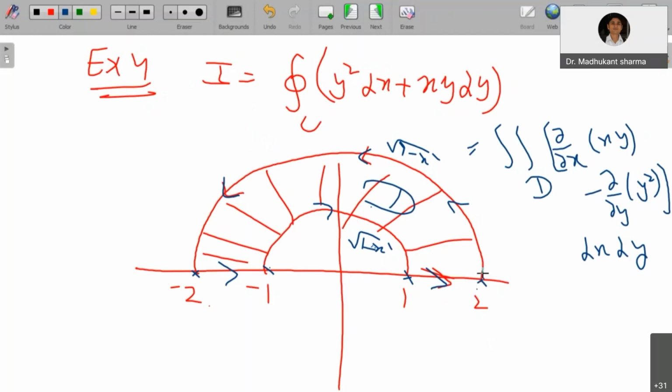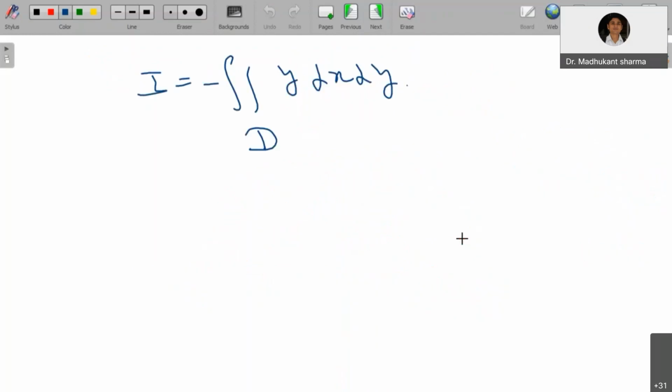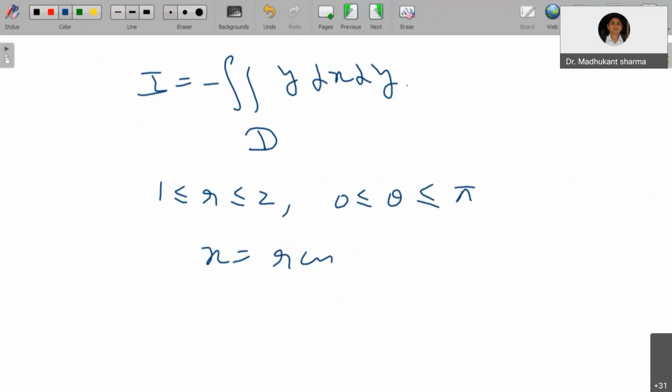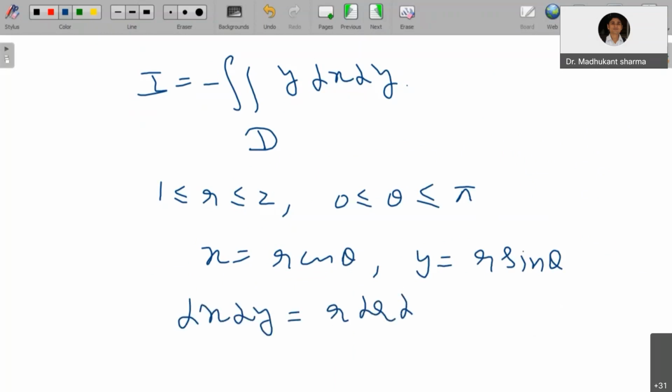Another way is to look at it in polar form. So the r limit is 1 less than or equal to r less than or equal to 2, and the theta limit is 0 less than or equal to theta less than or equal to pi. x equals r cos theta, y equals r sin theta, and dx dy will be changed into r dr d theta.